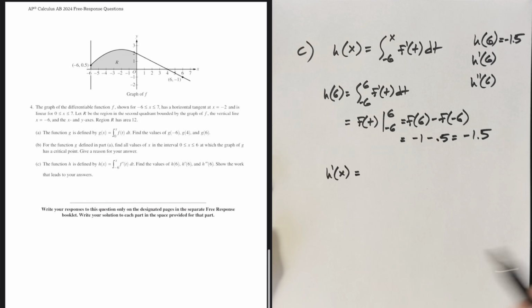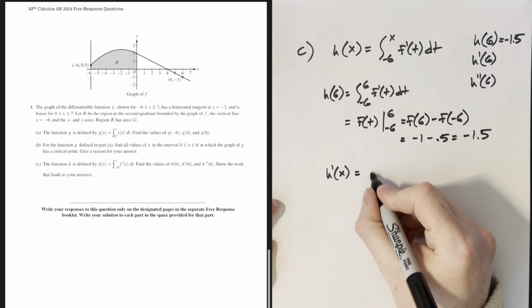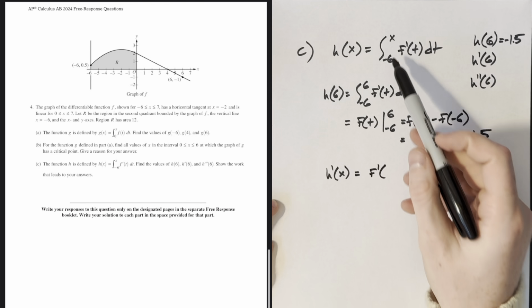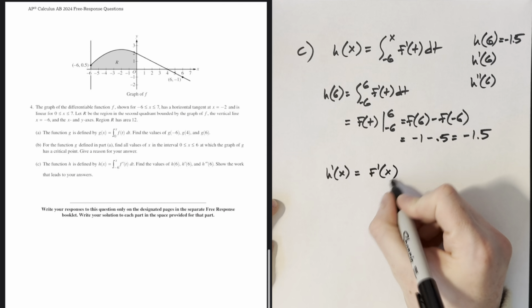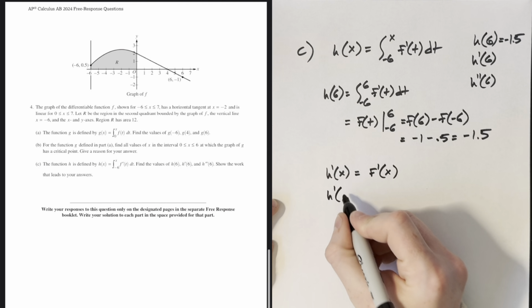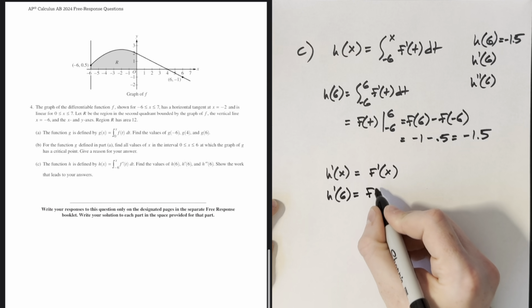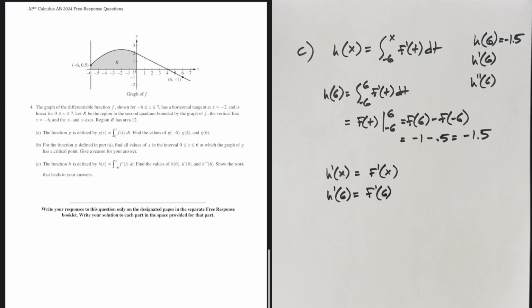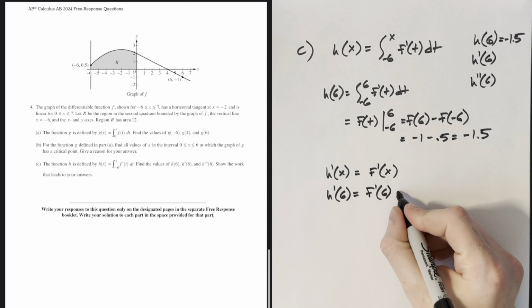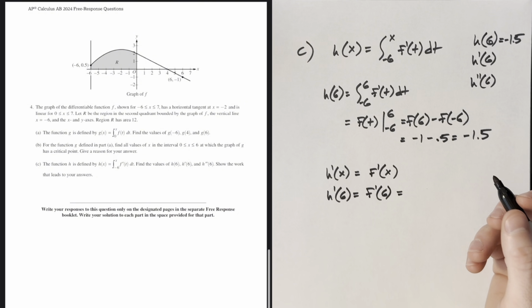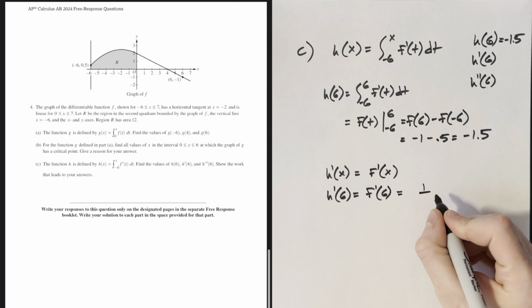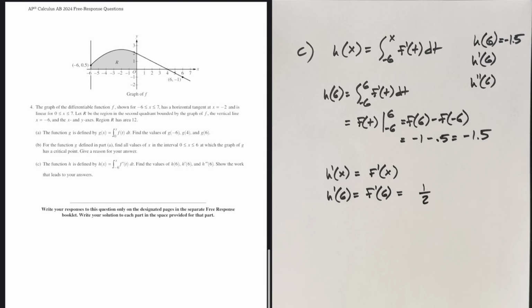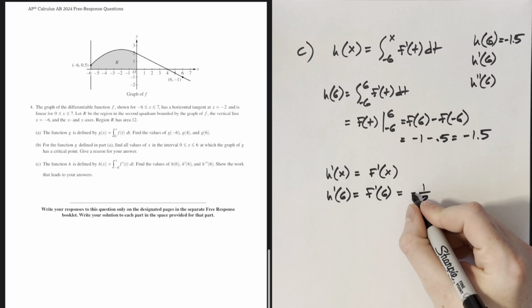We know that h prime of x will equal f prime of x. So therefore, h prime of 6 equals f prime of 6, which is just the slope of the tangent line at that point. Making an estimate, doing some rise over run, when we rise 1, we run 2, and we're going up and left or down and right, so it's in the negative direction.